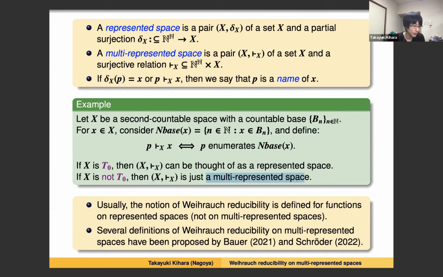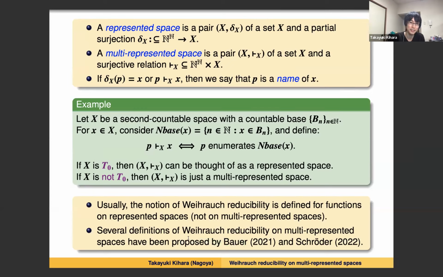There are several people who have thought about Weihrauch reducibility on multi-represented spaces. The first one was probably Andrej Bauer. His paper was published in 2021, but he seems to have been talking about the idea for more than 5 years.